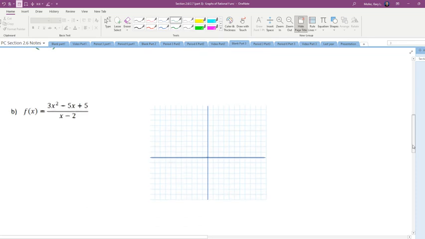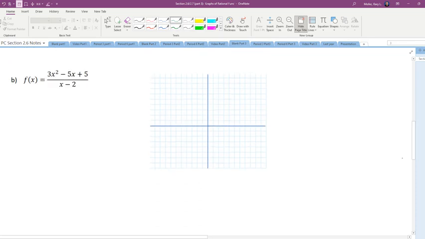All right, so let's look at B. On B, I want you to notice that we have a possibly new situation, where the degree on top is bigger than the degree on the bottom. So if we think about number sense, as x gets larger, the numerator outgrows the denominator, and so the bigger the x, the bigger the y.